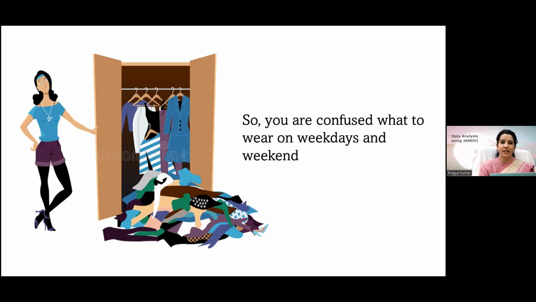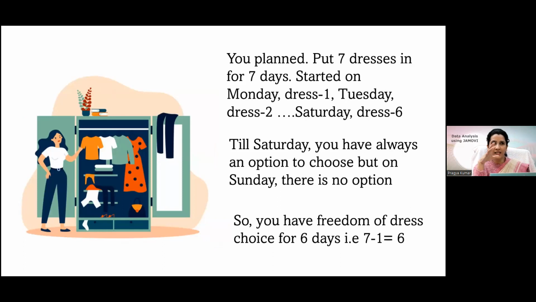So she has planned to put 7 dresses in the cupboard for 7 days, right? She started on Monday with dress 1, on Tuesday, dress 2. Till Saturday, she wore 6 dresses. So till Saturday, she has the option to choose. But on Sunday, do you think that there is any other option?